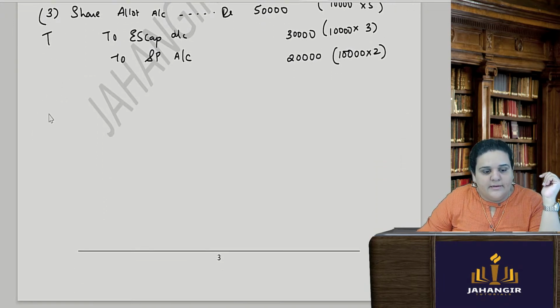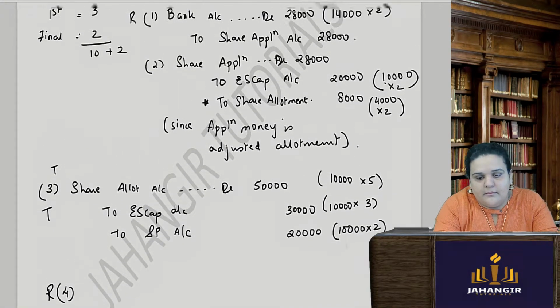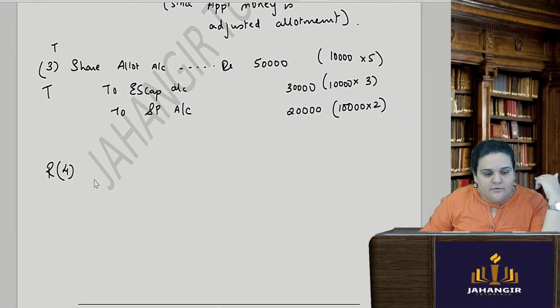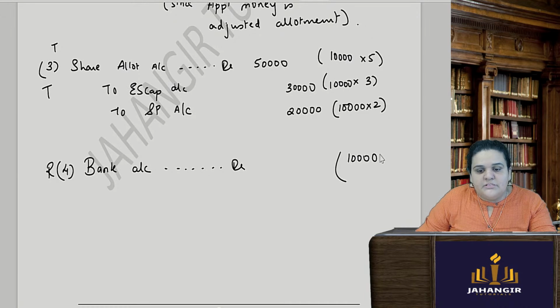Now I am going to have my receipt stage. In the receipt stage, I have to keep in mind that I have already adjusted that allotment money in the application stage. So now when I receive money for my allotment in the bank account, bank account debit, on 10,000 I'm supposed to receive 5, that is 50,000.